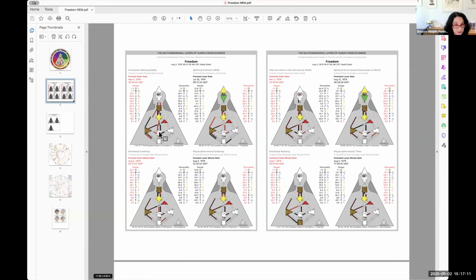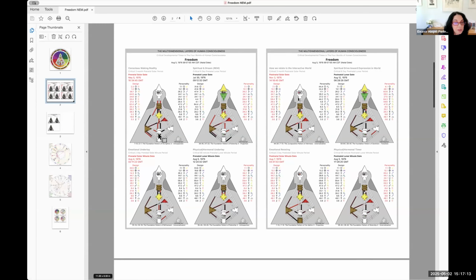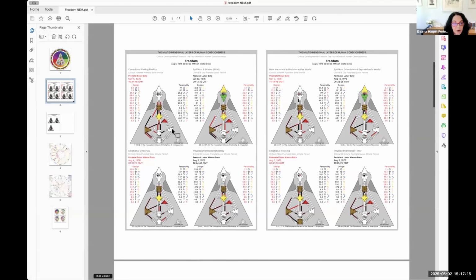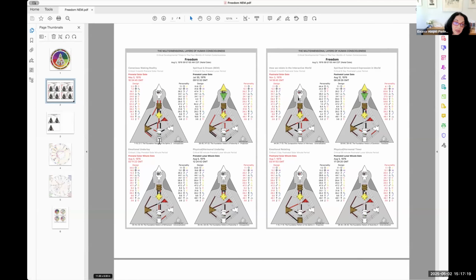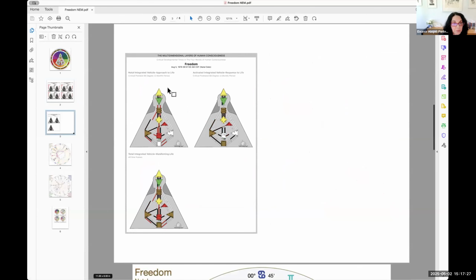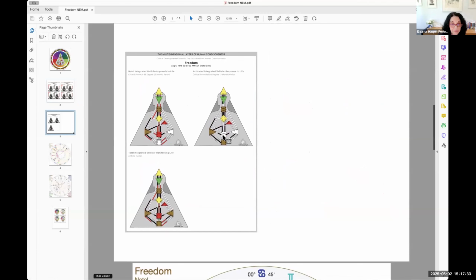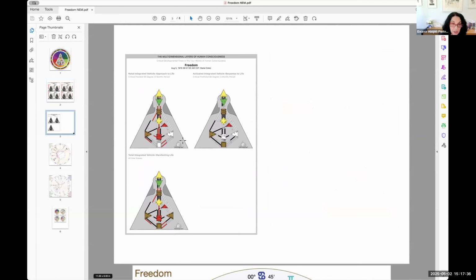In your case, you have an open solar plexus, an open sacral, and an open root. But if we add the 214 in, this is your prenatal chart. This one, activated integrated vehicle response to life, is your postnatal one.